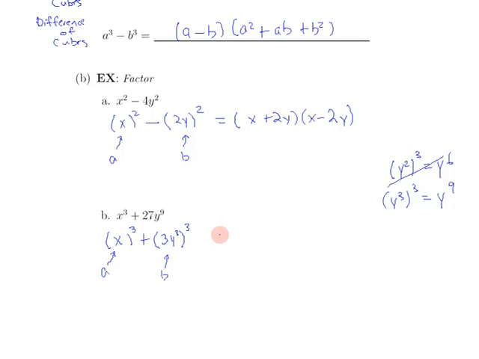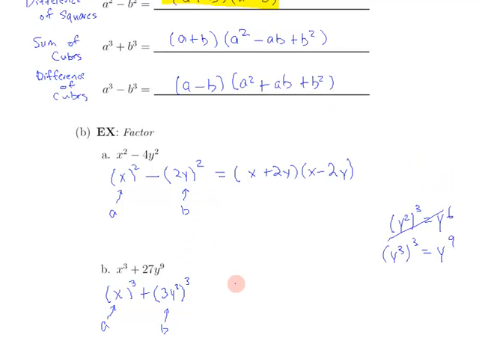Okay, so that formula said that if I had a cubed plus b cubed, I'll just leave it up there on the screen like that, it's going to be a plus b. So in my case, that gives me x plus 3y cubed, times a squared, so that's x squared, minus a times b, so x times 3y cubed, I'll write that as 3xy cubed, and then plus the last term squared.